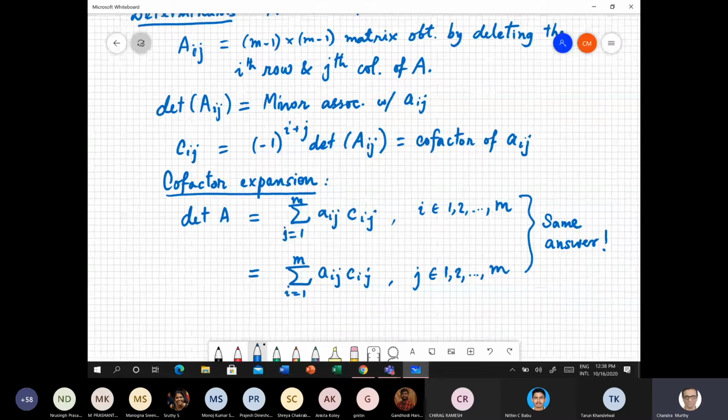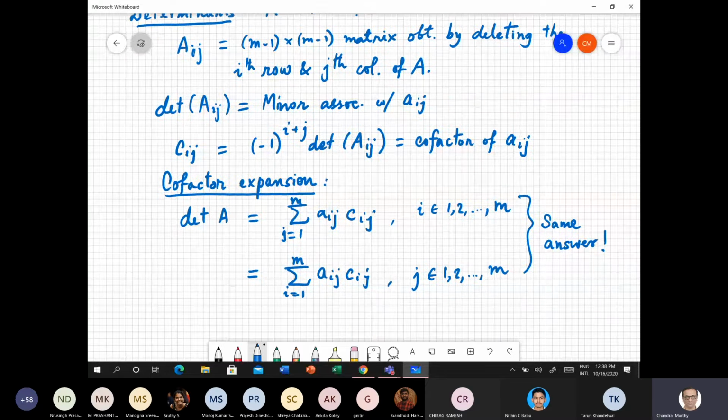Now, in order to complete this definition, I need to know how to compute the determinant of a 1 cross 1 matrix, because Cij itself is (-1) to the power i plus j times the determinant of an m minus 1 by m minus 1 matrix. So the determinant of a single element or a scalar is that value itself.